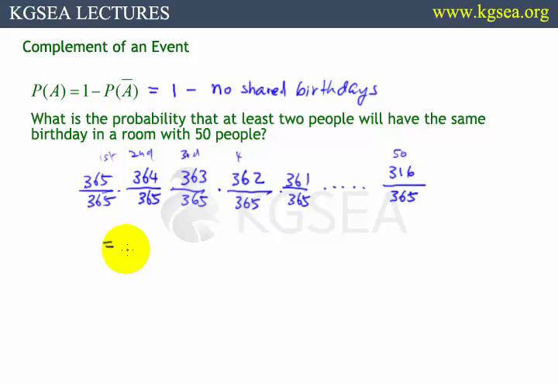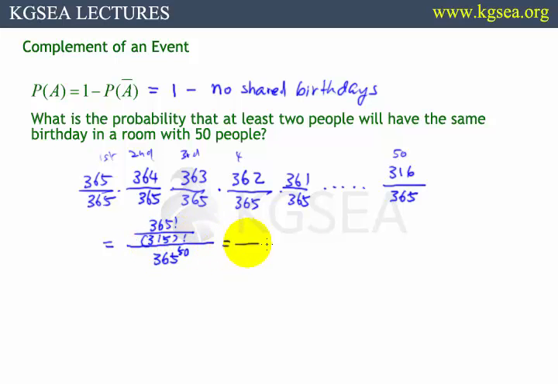Can we write this in a more expressive way, more mathematically succinct? That's 365 to the, not nth power, that's my next step, 50th power. Okay, what about here? It's a factorial business, right? So it's 365 factorial divided by, I have to end with 316, so I have to have 315 factorial.